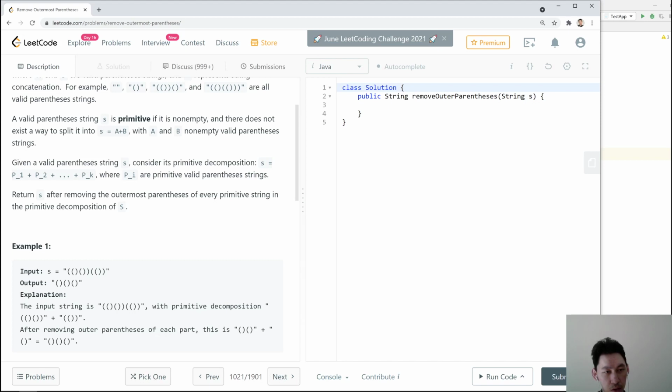If the input is S, then we get rid of these ones. Oh no, it's these ones.